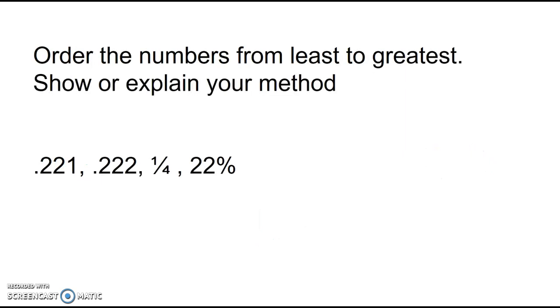Our next set of problems: order the numbers from least to greatest, and we want to show or explain our method. So here, explaining, you can write sentences if you want to describe what you did, or showing your work would be just maybe changing your numbers into different forms. So I'm actually going to change all of these numbers into decimals.